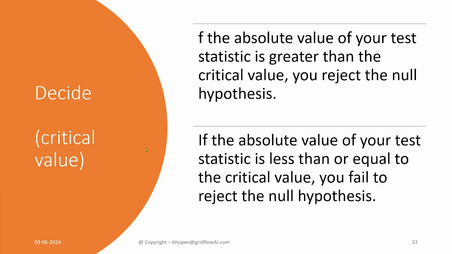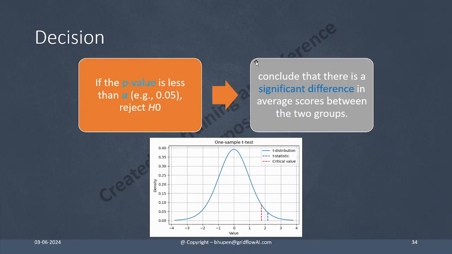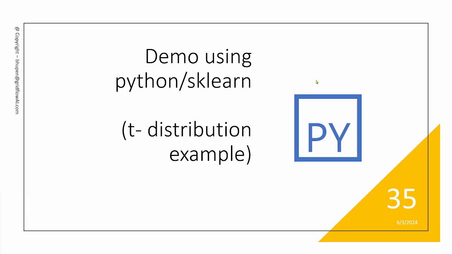So if the absolute value of your test statistic is greater than the critical value, then you reject. Otherwise, you accept it. So there are two ways to decide. One is the p-value being less than 0.05, or a t-statistic which is more than the critical value. Then you reject the null hypothesis.